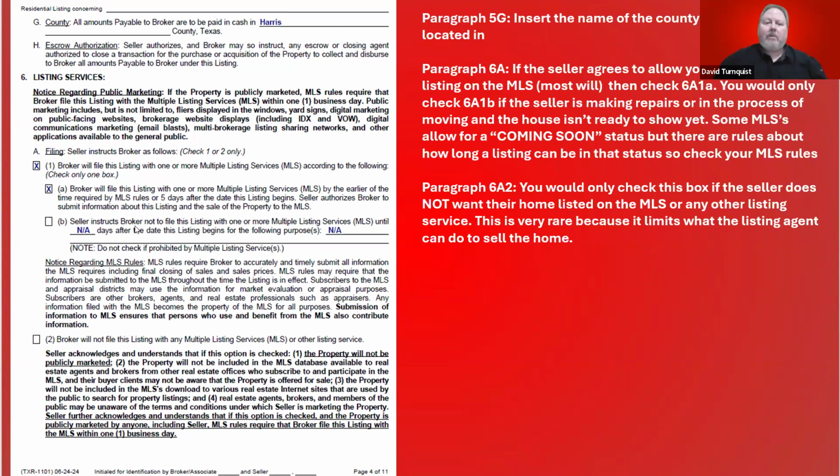The problem is, once you have a listing agreement and you're a realtor, if you start marketing that home, you have to put it on the MLS. Otherwise, it's a violation of the realtor rules. So it could be an issue. If I have somebody that doesn't want that, we'll discuss that one-on-one, and we'll figure out how we're going to handle it.